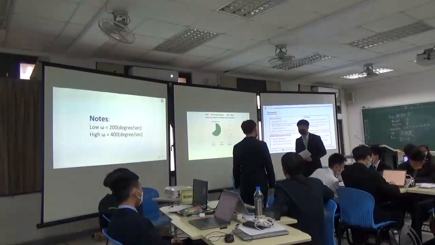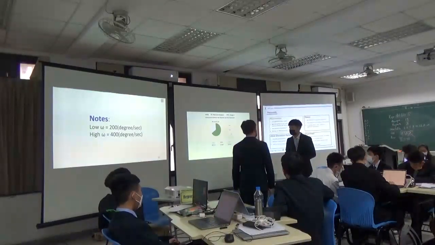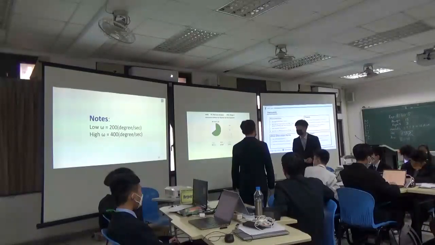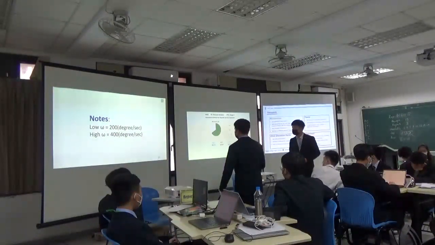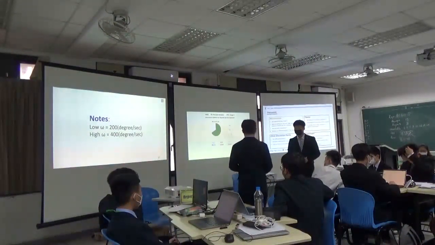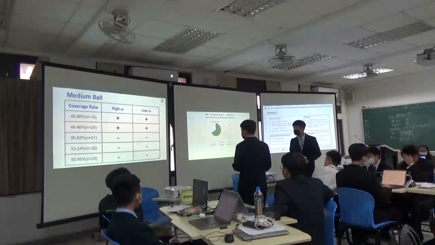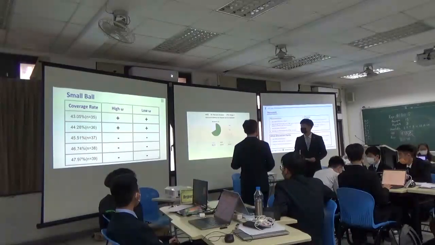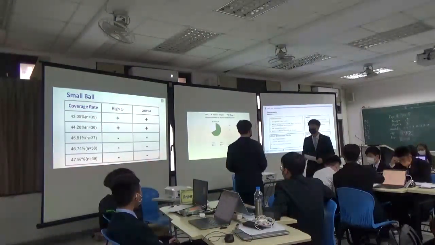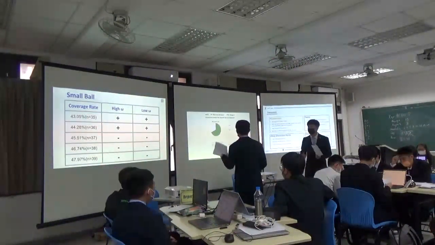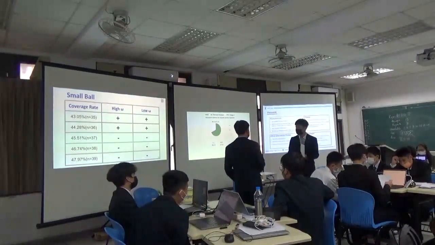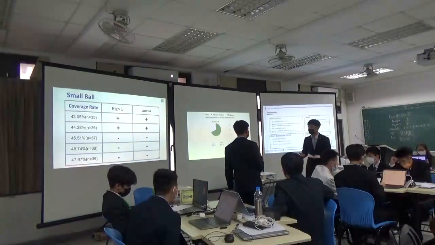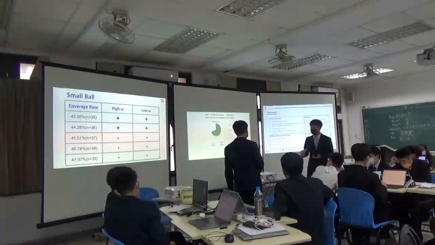So do you think that two angular velocities are able to show the trend of the experiment result? Because in our experiment result, the angular velocity won't affect the motion. But you've just put out 2 angular velocities of the container. How can you say that it won't affect the experiment result?